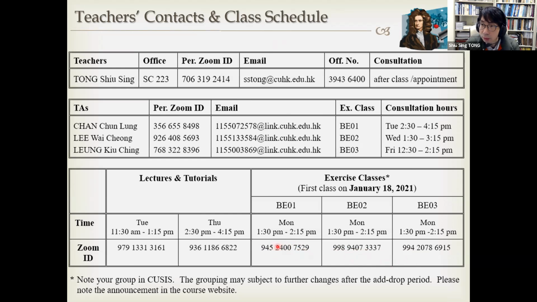If most of the students are clustering in BE1, it may not be convenient for discussion. So I suggest some of you move to class BE2 or BE3. You may not be formally registered for BE2 and BE3, but if you like, you can go to those classes as well.